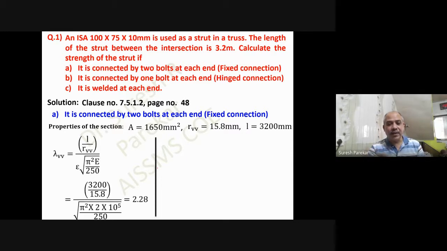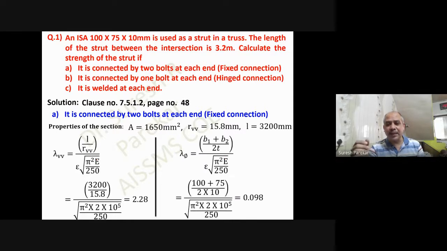We have L, the distance between the intersections of the joints, and we have 3200 divided by RVV. In IS this is given as epsilon, but actually this is E; they have made the correction when they reprint IS 800 2007. Then by substituting this value, I get the value of lambda VV as 2.28.